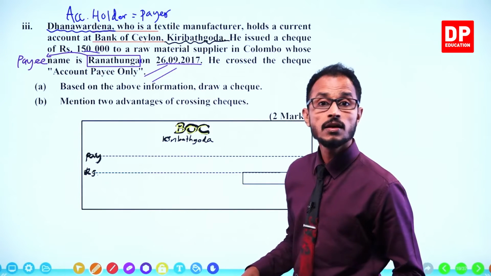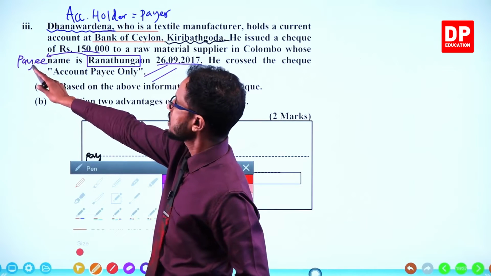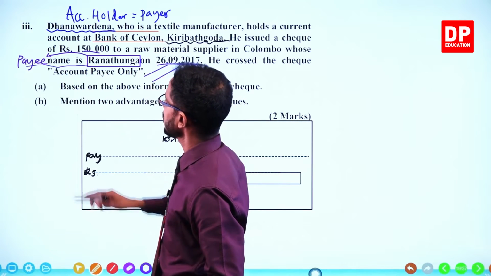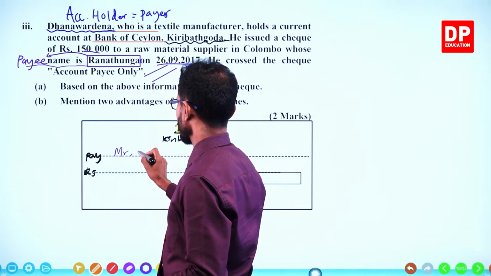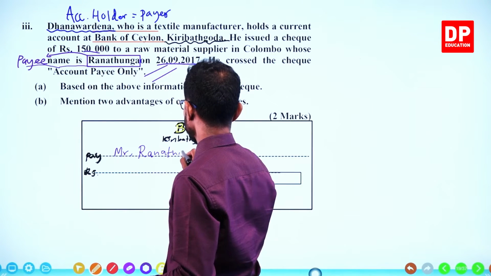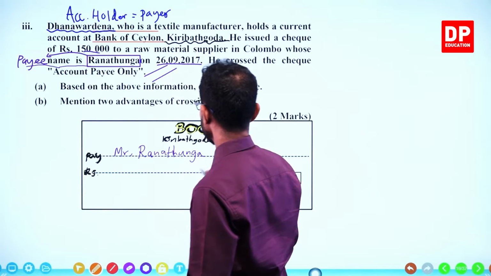Now you can write the payee's name. Who's the payee? Mr. Ranatunga.